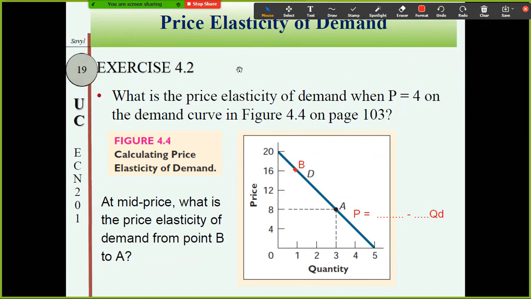Okay, so now you go to your textbook, to figure 4.4, and find the price elasticity of demand at P, Q to 4. Based on this one, the middle price, what is the price elasticity of demand from B to A?